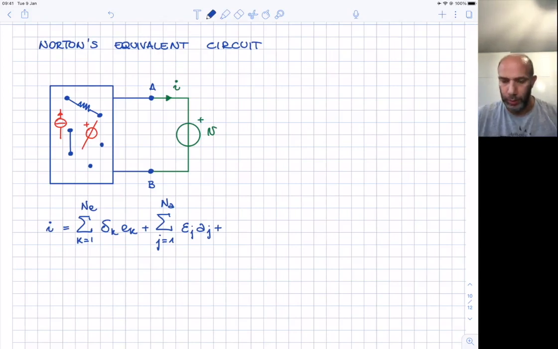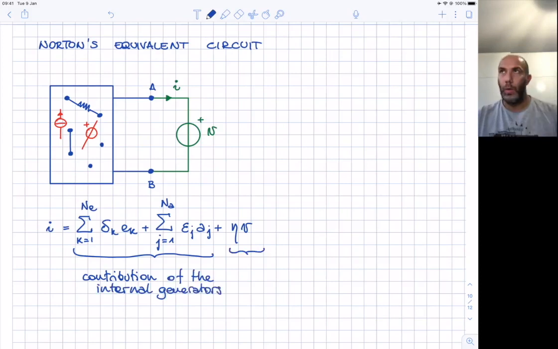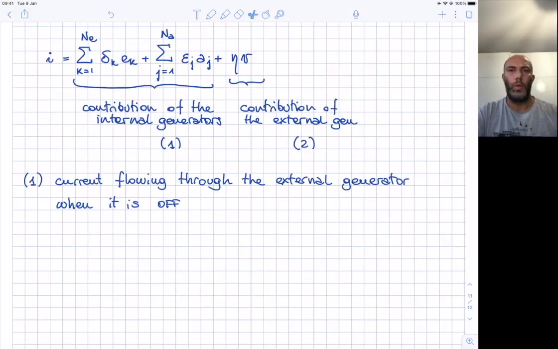We can call this contribution eta V. Again, the first two terms represent the contribution of the inner generators, while the last term is the contribution of the external generator. We can consider independently the two contributions.